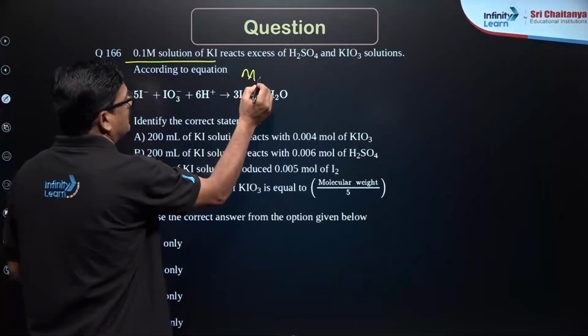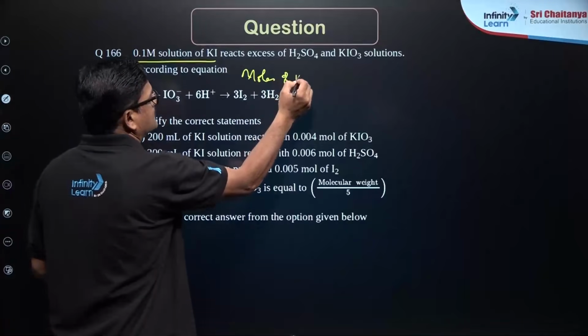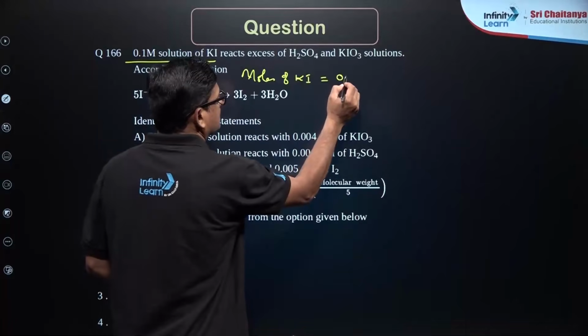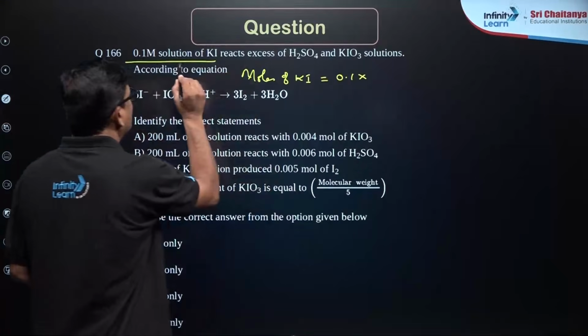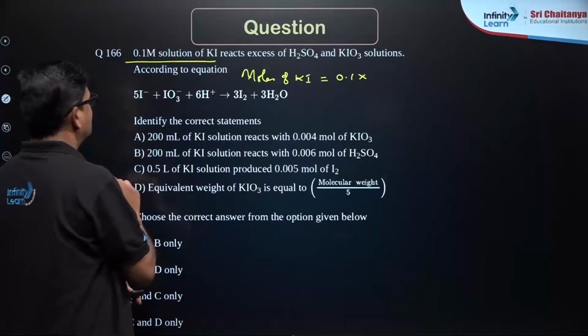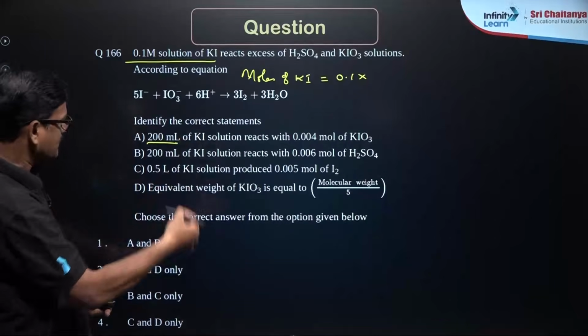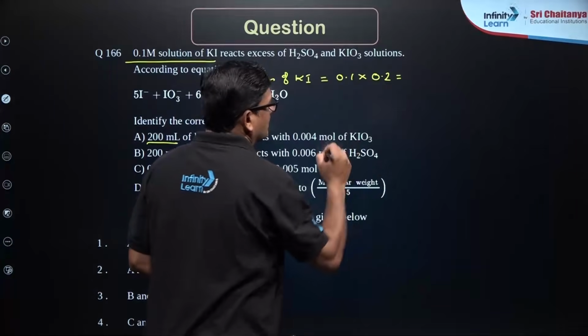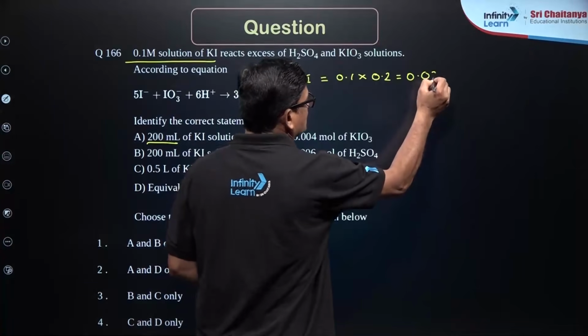Moles of potassium iodide is going to be 0.1 into 200 milliliters, that is 0.02.